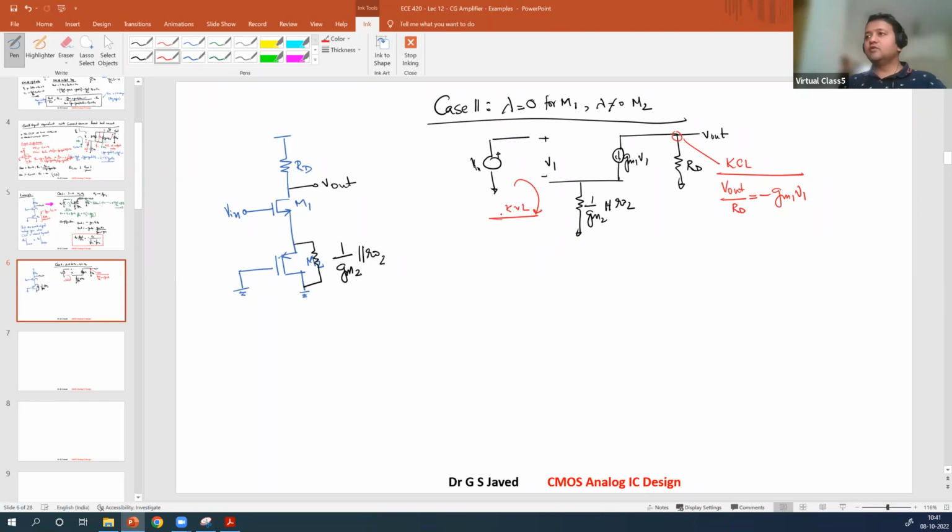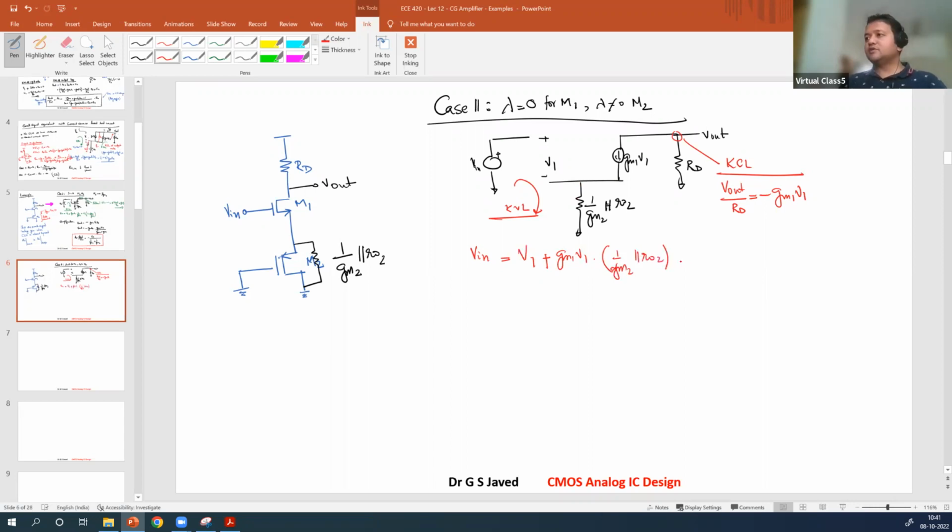So KVL will give you this input supply Vin is equal to this voltage drop V1 plus this voltage drop. This voltage drop is given as I into R. I is GM1 V1, R is 1 over GM2 parallel with RO2.